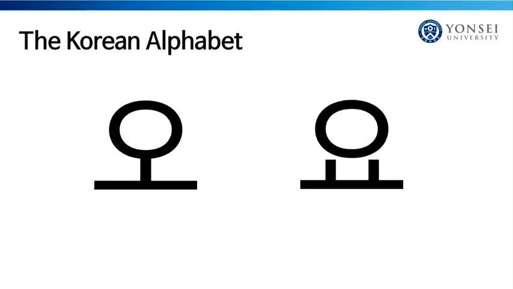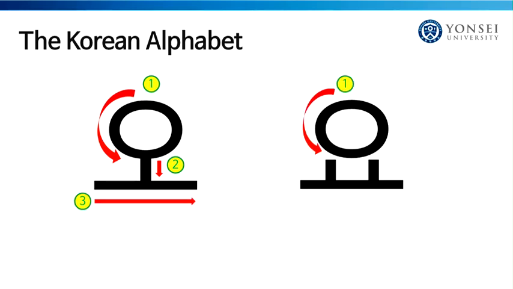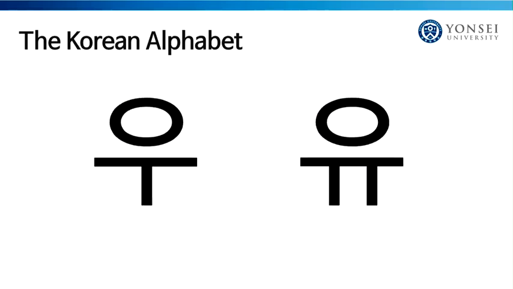O is written with a circle first, a short stroke top to bottom, and a long stroke left to right. Yo, a circle first, 2 short strokes top to bottom, and a long stroke left to right. U is written with a circle first, a long stroke from left to right, and a stroke top to bottom.